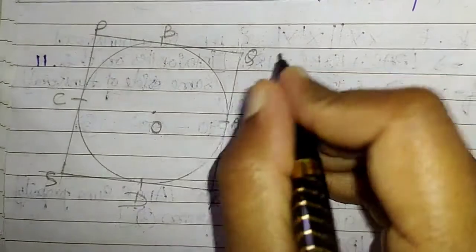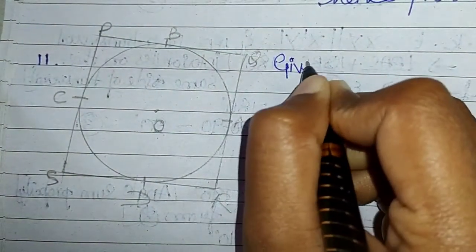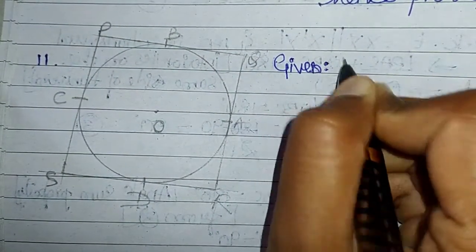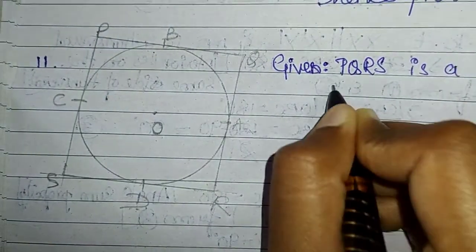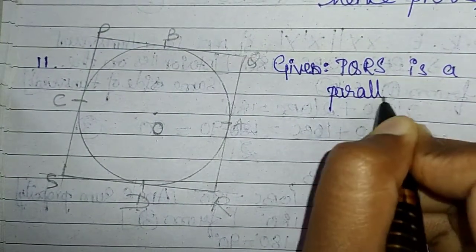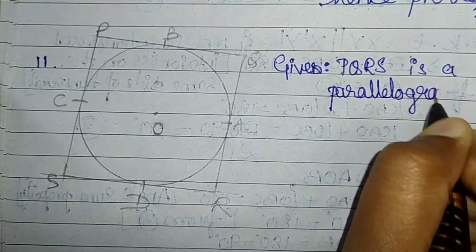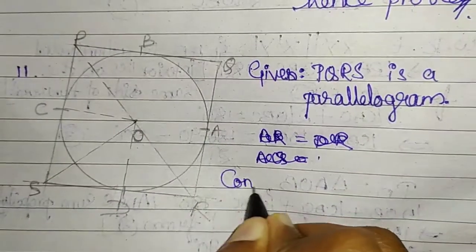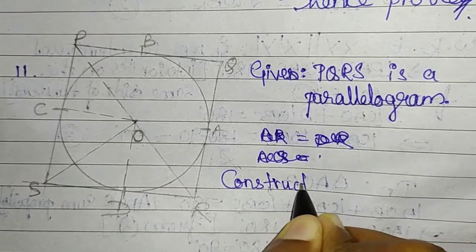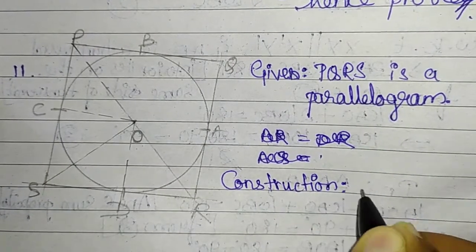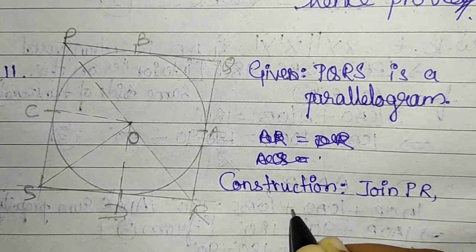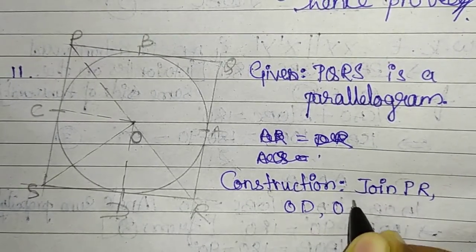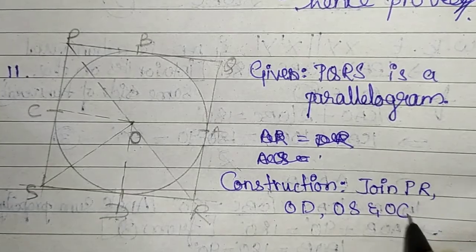So first, let us write down the given: PQRS is a parallelogram. Construction: join PR, OD, OS and OC.